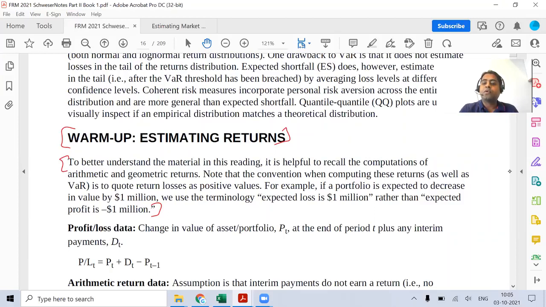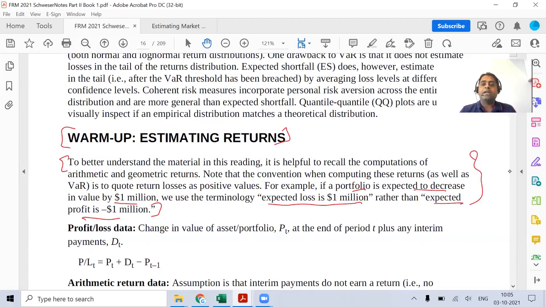For example, if a portfolio is expected to decrease by $1 million, we say the expected loss is going to be $1 million. We don't say expected profit is going to be $1 million. So this first paragraph is just a small clarification that generally we talk from the perspective of loss because we are talking about a risk measure.